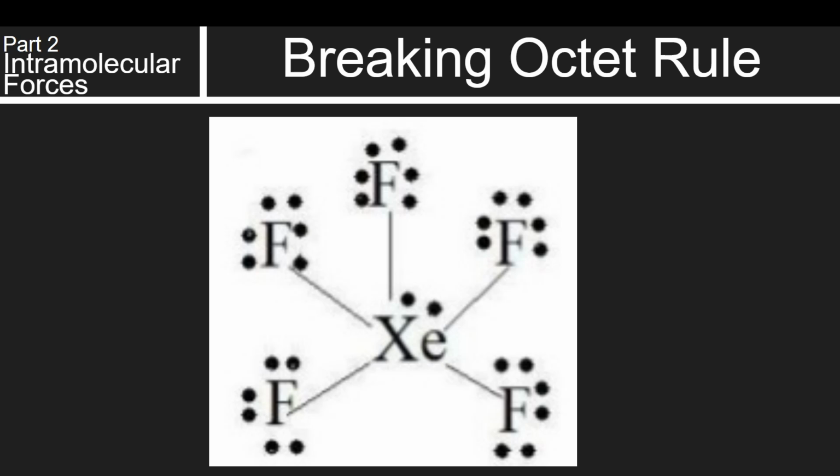So if it's beyond atomic number 20, we're more likely to break the octet rule, but for 20 and below, you should be fine. But xenon is way above 20, so the fact that it breaks the octet rule is not super surprising.